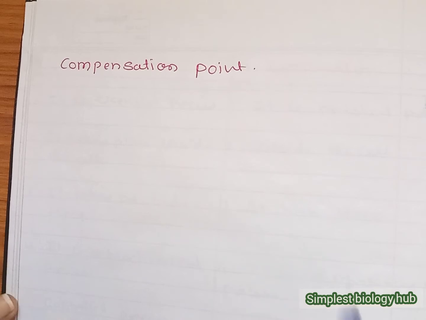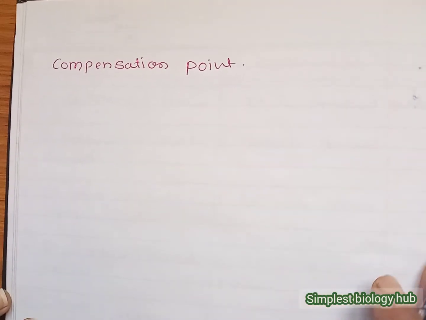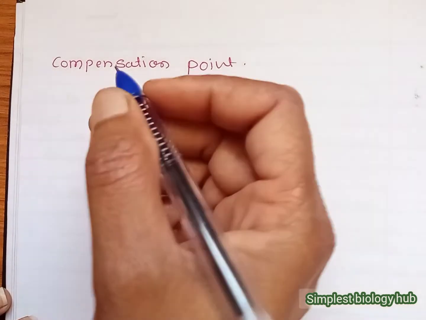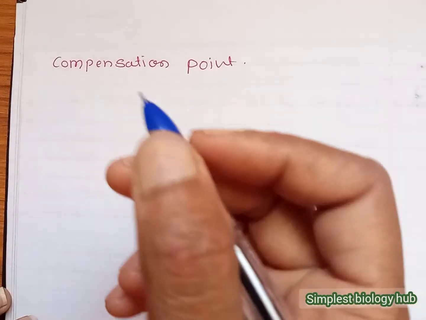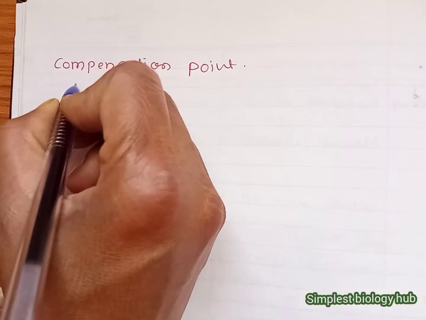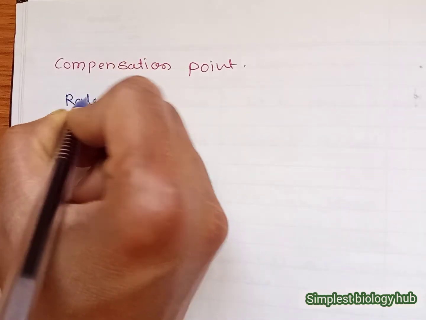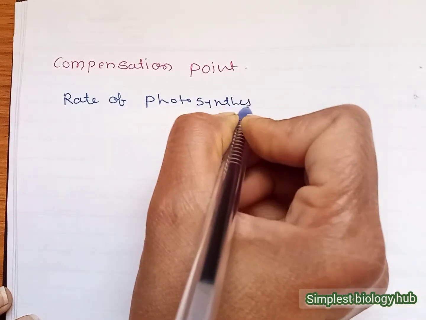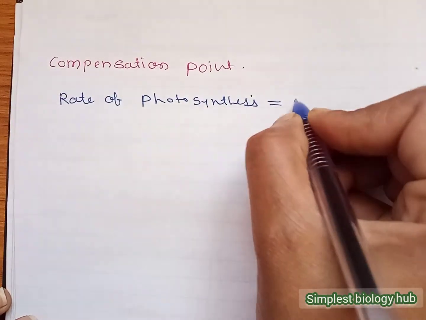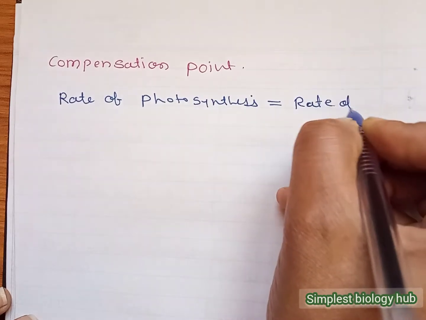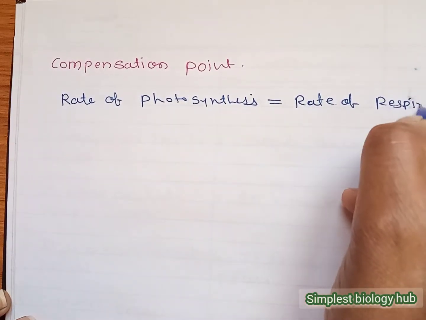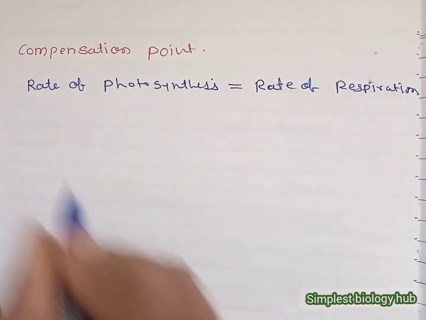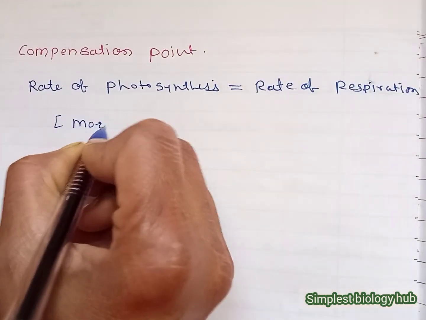When we discuss plant respiration, one point is very important here, that is the compensation point. Many times questions arise from that point in NEET examinations also. The compensation point is that point where the rate of photosynthesis is similar to the rate of respiration. It happens in morning and evening time.